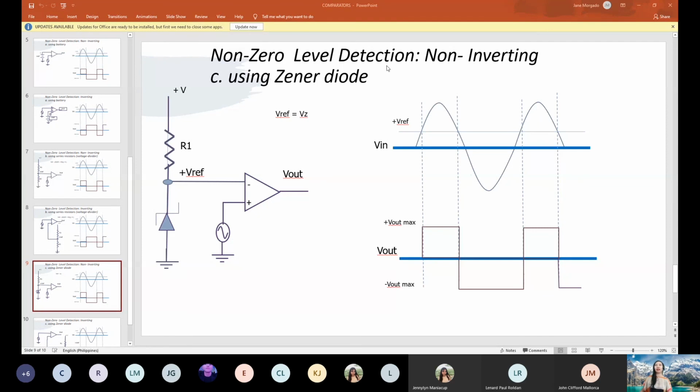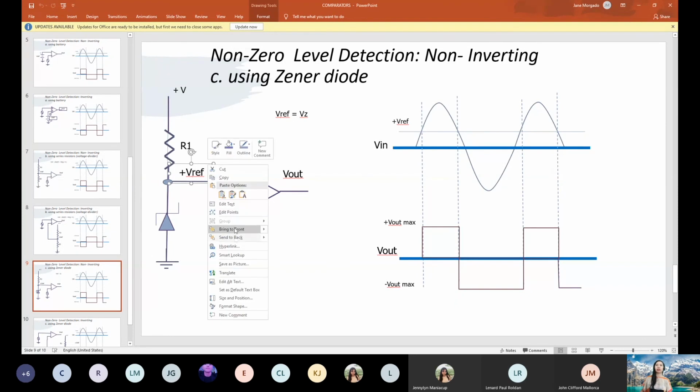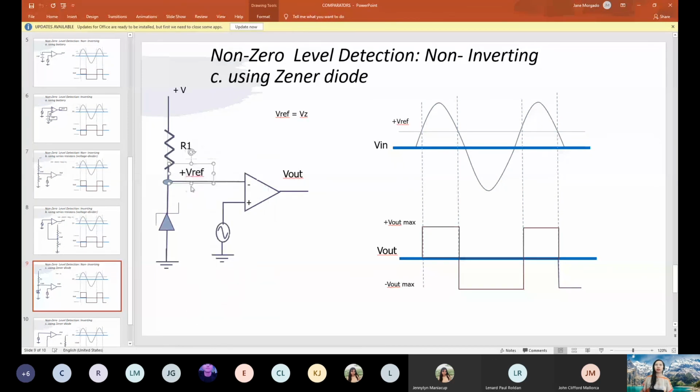So if the Zener diode is connected in reverse bias, the voltage across the Zener would be equal to Vz, the Zener voltage.